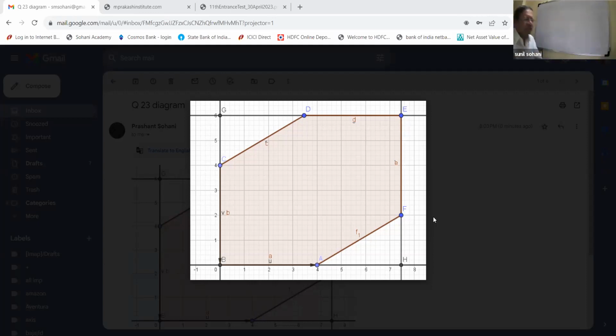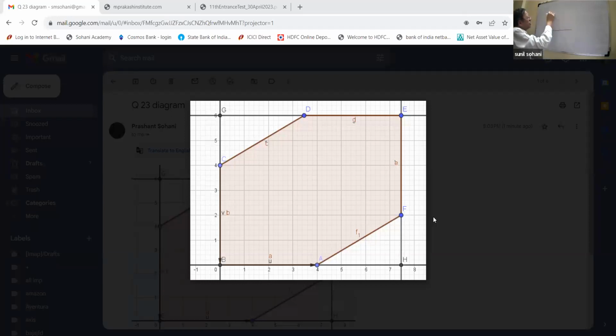This is for simplicity, to understand how exactly the sketch should look. Very difficult to draw, so I am making the same sketch on the board. You can also draw the sketch in your notebook.